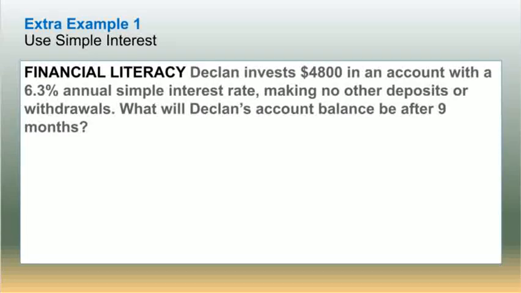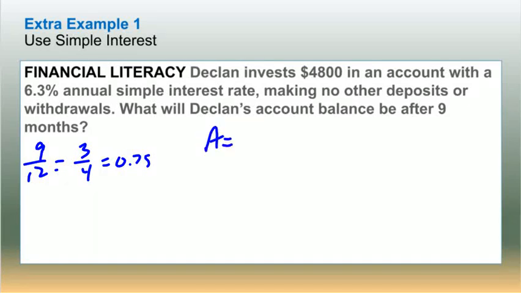Next, Declan invests $4,800 in an account with a 6.3% annual simple interest rate, making no other deposits or withdrawals. What will the account balance be after 9 months? So 9 months of a year, that's 9 out of 12, which gives us 3 out of 4, so 0.75 we'll use.